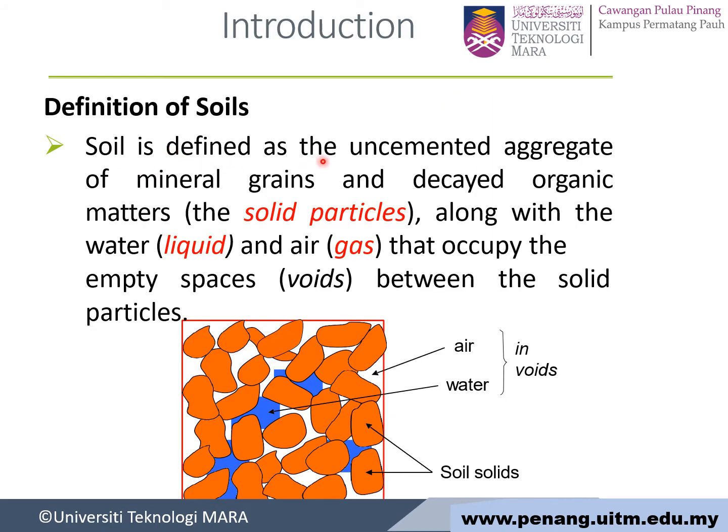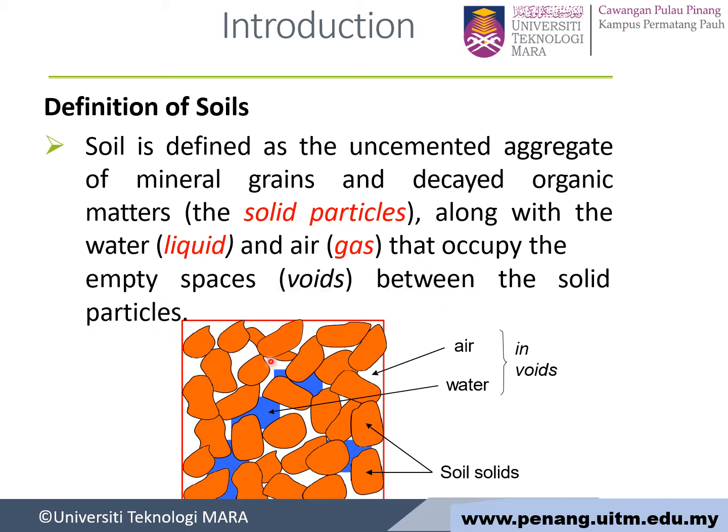Definition of soil. Soil is defined as the uncemented aggregate of minerals, grain, and decayed organic matter, for example solid particles, along with the water, liquid, and air, gas, that occupy the empty spaces. Empty spaces we call a void between the solid particles.